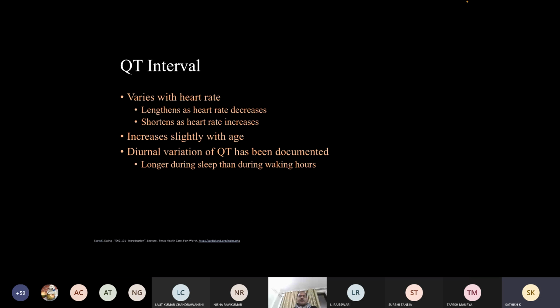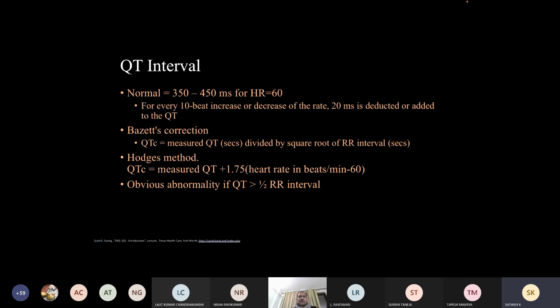The normal QT interval is 350 to 450 milliseconds for a heart rate of 60 per minute. For every 10 beat increase or decrease, 20 milliseconds is deducted or added to the QT. So Bazett's correction, where the corrected QT interval is calculated, is the most commonly used method. Here we divide the QT from the ECG by the square root of the RR interval.